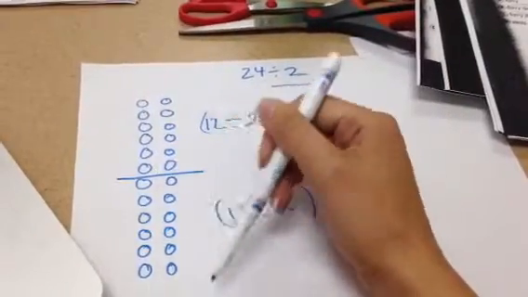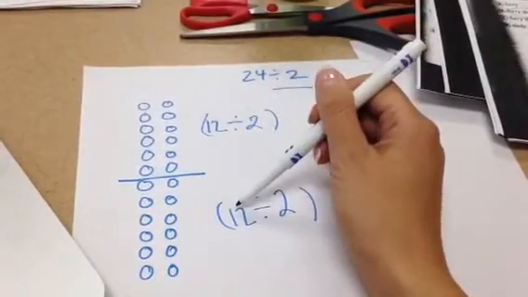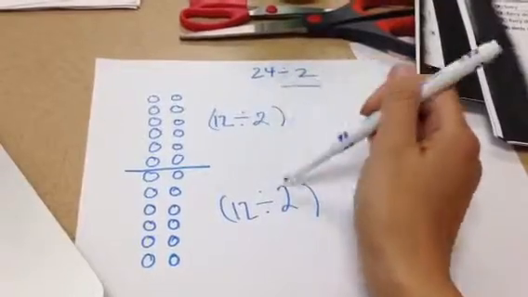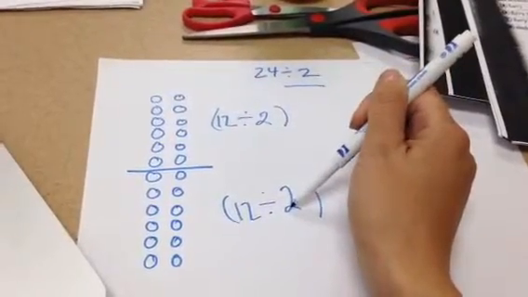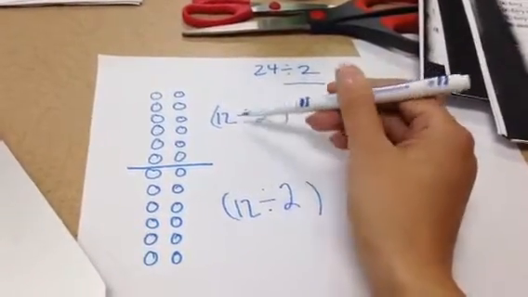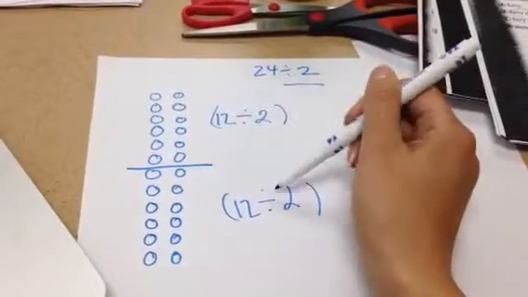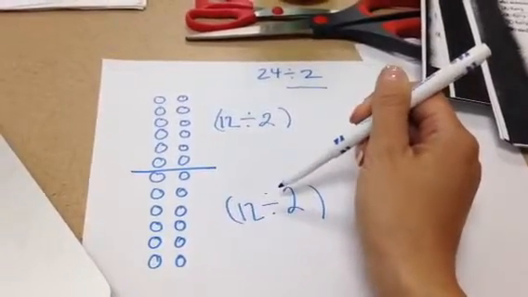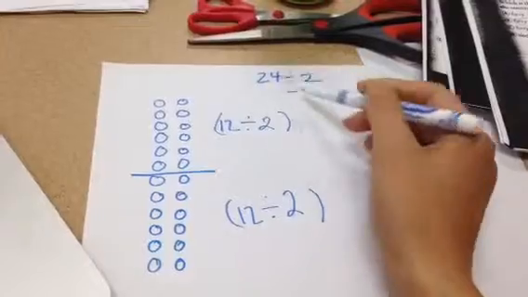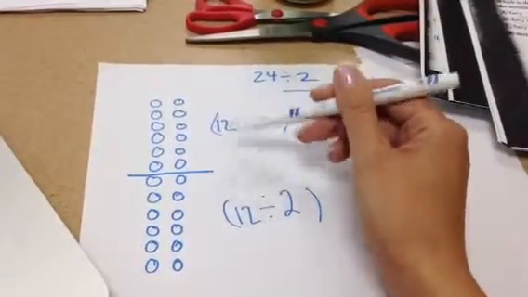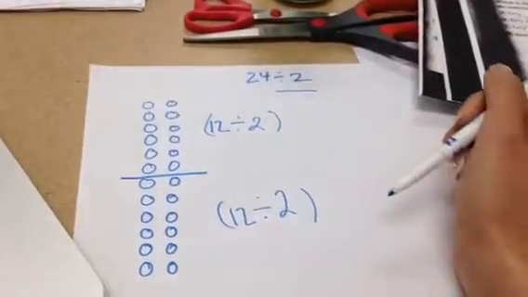If I take this total, which is 12, and I divide it by 2 since I'm distributing that 2, I know that the answer to this and the answer to this should equal the answer to this. But I have to add these 2 equations up.